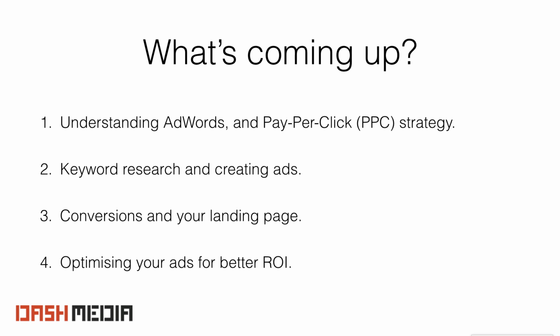Then we formulate what we're going to do with the traffic that we generate from our advertising efforts, because there's no point in sending a whole bunch of people to your landing page if that landing page then fails to convert them. So we'll have a good look through all of that in part 3, about deciding what our conversions are going to be and how we can create a landing page that Google likes and that our traffic, our audience, likes.